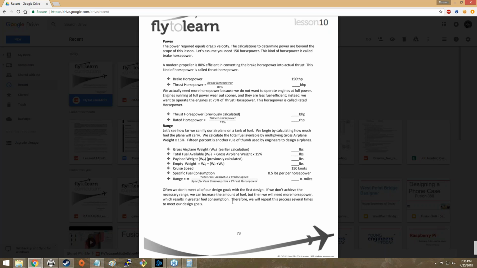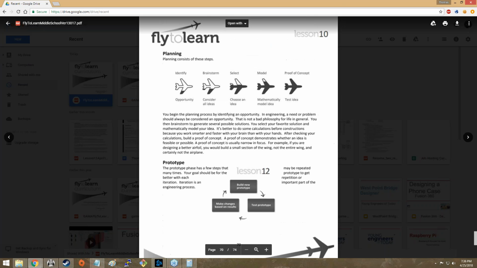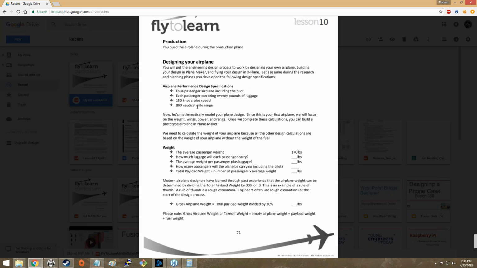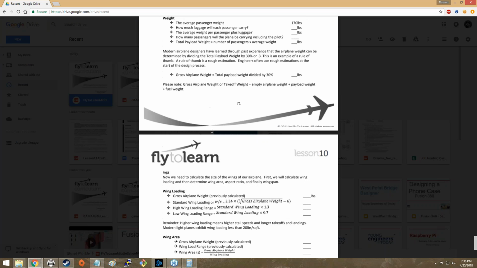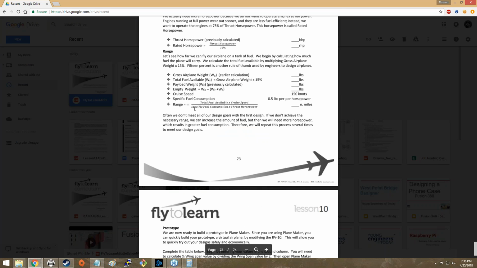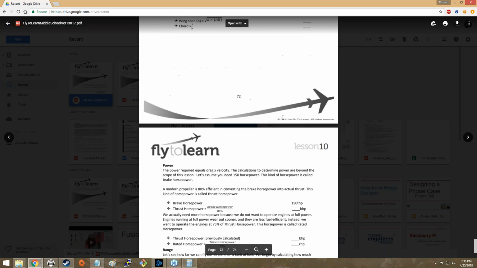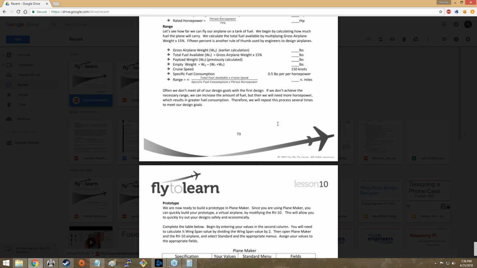All right, so that was 950 nautical miles, and we wanted our plane to have an 800 nautical mile range. So excellent. We've met our design specifications. We have a plane that goes 150 knots, can carry 4 passengers, including the pilot, along with 20 pounds of luggage, and can fly as far as 950 nautical miles, which is like a third of the way across the U.S.-ish.